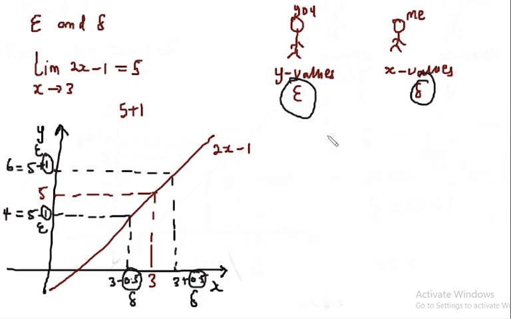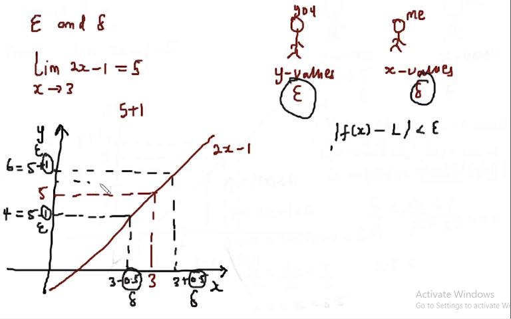Let's go back to our game. There are two key inequalities that I can use to get my delta value back from a y value. The first one is that if I have f of x at any point, f of x minus L, the absolute value of that is less than epsilon.